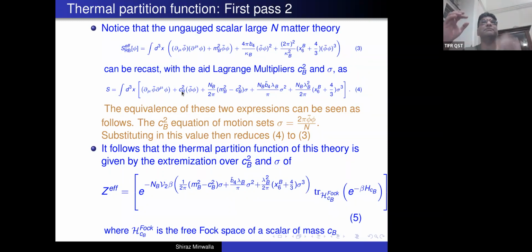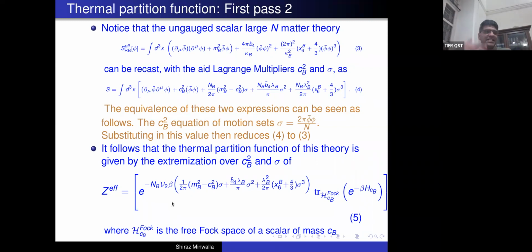So if we make the plausible assumption that CB squared on its saddle point is a constant, then we only need this determinant for constant value of CB square. And that determinant, of course, we know very well. It's just the determinant of a free scalar field of mass CB square. So with some foresight, we realize that we will only need this matter integral for constant CB square, and that matter integral is trivial to perform.